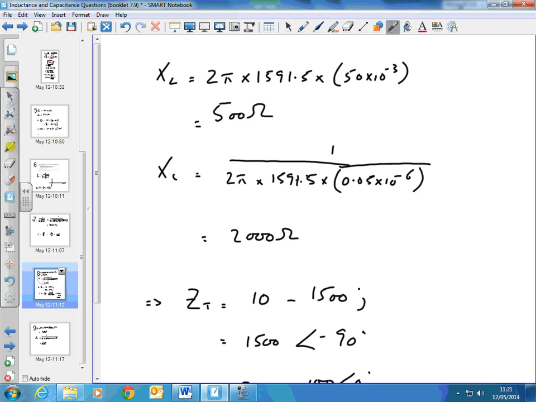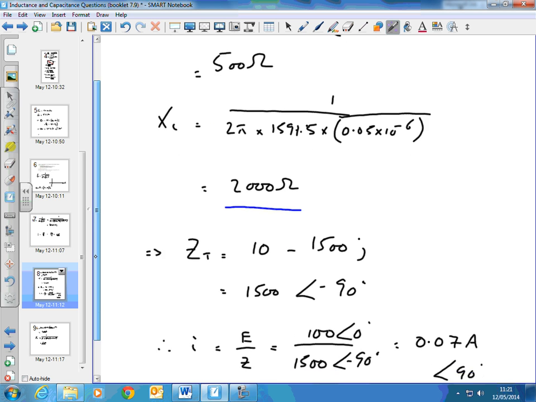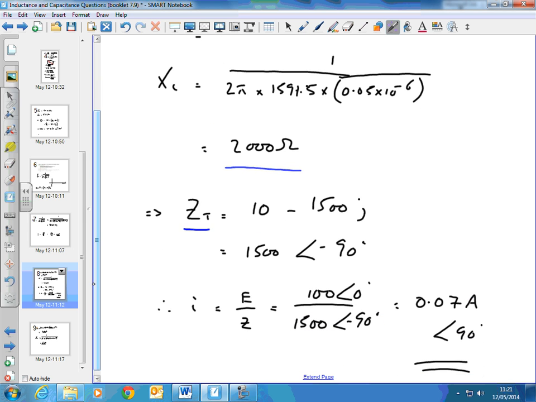And then we have to, for half the resonant frequency, find the impedance of the inductor, which turns out to be 500, and the impedance of the capacitor, which turns out to be this, using the formulae. So therefore the total impedance is 10.